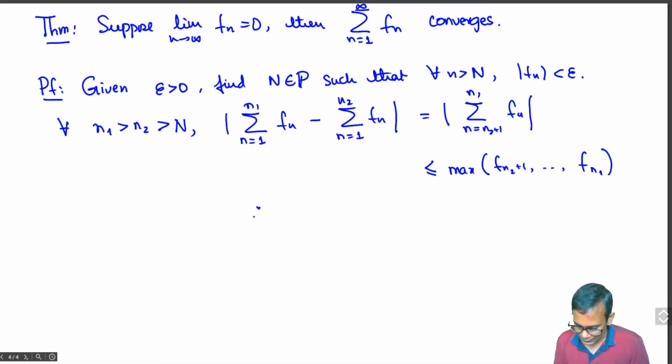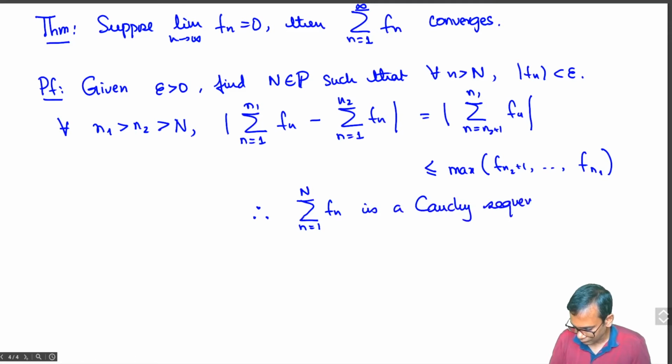And so this implies that the sequence of partial sums, sum from n equals 1 to capital N of f_n, is a Cauchy sequence, and hence it converges, and so this infinite series converges. So let's see some nice applications of this example.